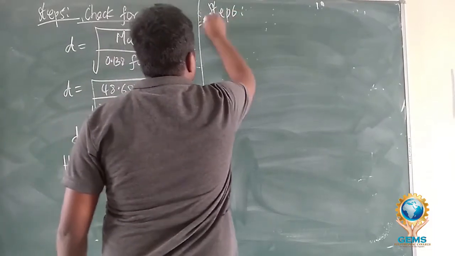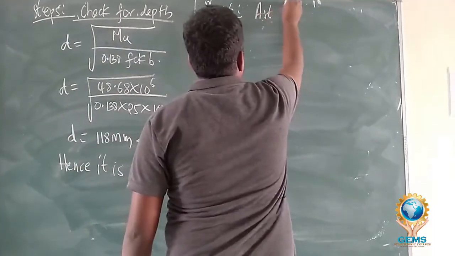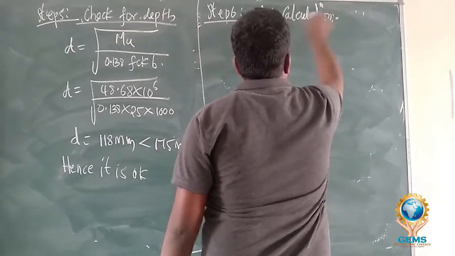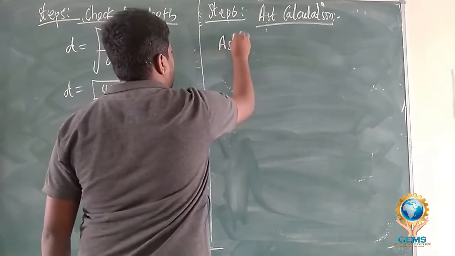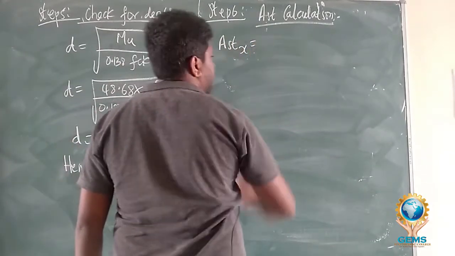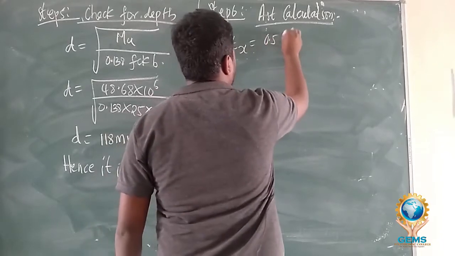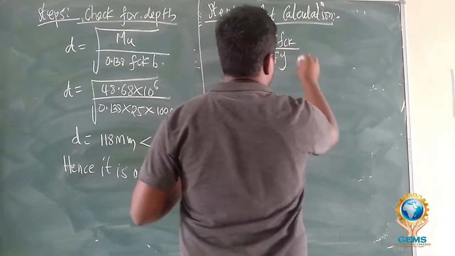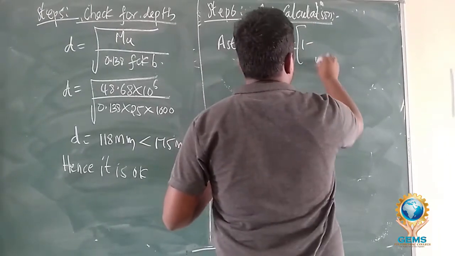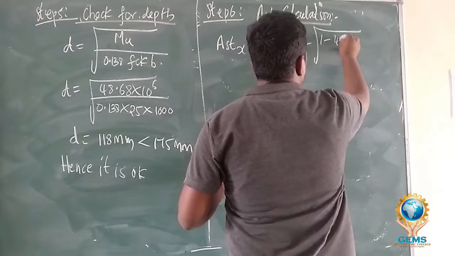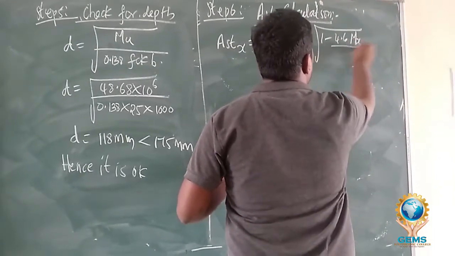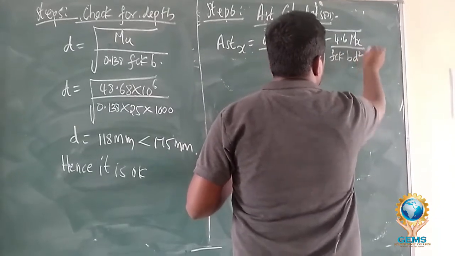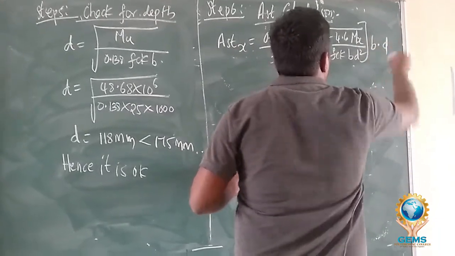Okay. So step number 6 is area of steel calculation. First you have to calculate Ast in x direction, which is equal to this formula: 0.5 fck by fy into 1 minus root of 1 minus 4.6 Mx divided by fck b d squared into b into d.